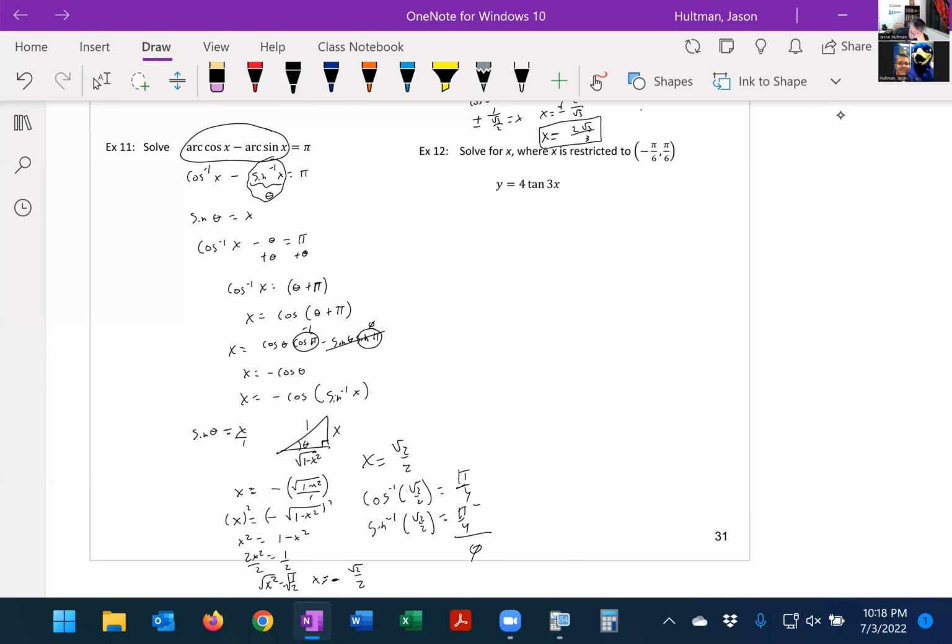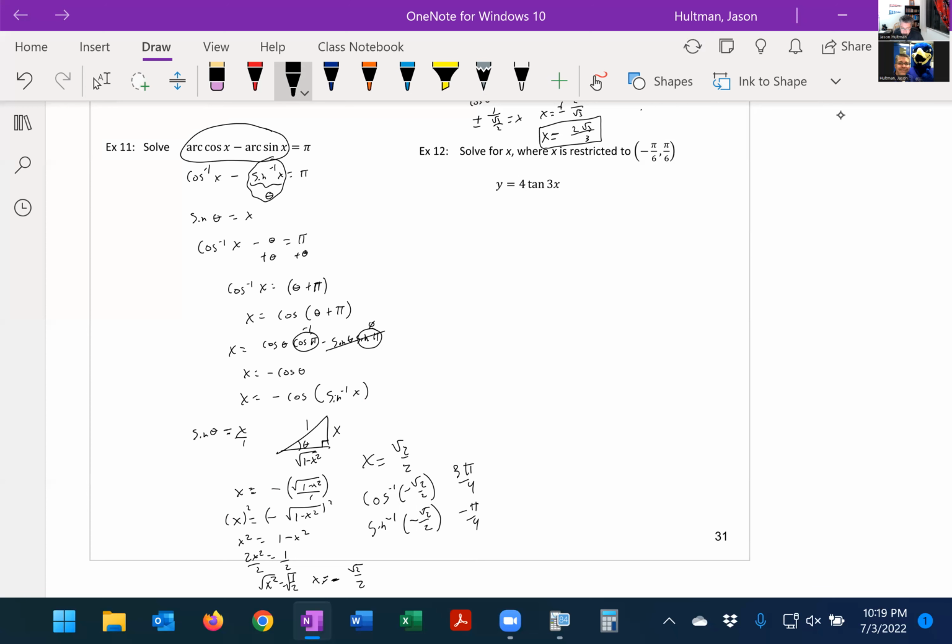Let me erase this. What's the arc cosine of negative radical 2 over 2? That's going to be second quadrant, which is 3 pi over 4. What's the arc sine of negative radical 2 over 2? That's going to be fourth quadrant, which we'll call negative pi over 4.